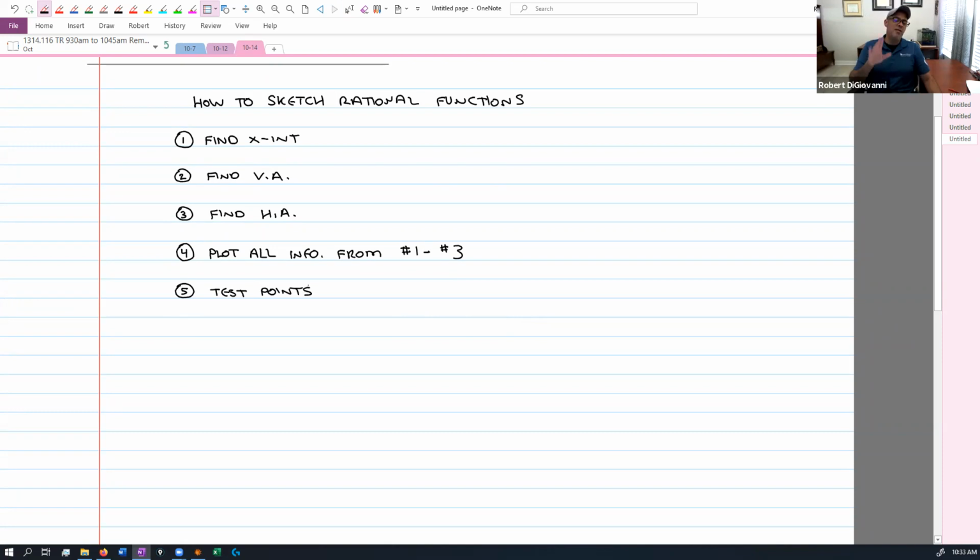I always have students ask me, how many test points are we going to wind up with? Like, how many will there be? I can give you some advice on this. You will always have 1 more test point than the number of x-intercepts plus the number of vertical asymptotes.